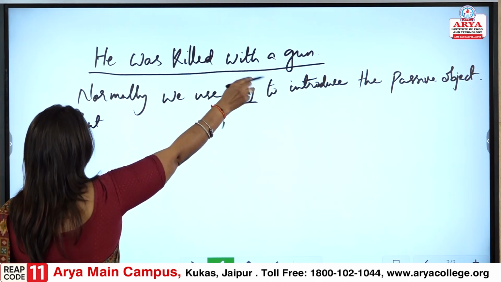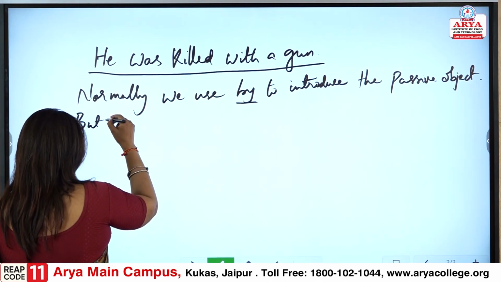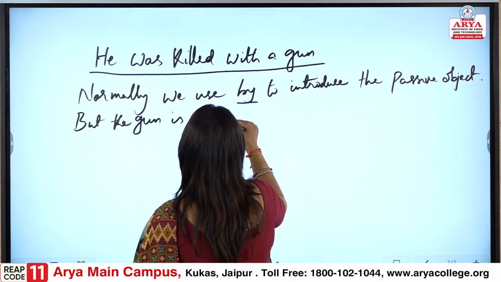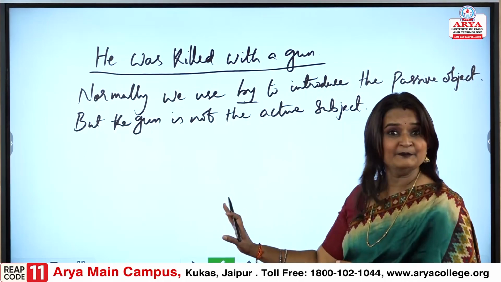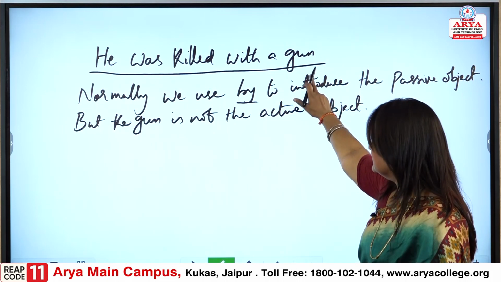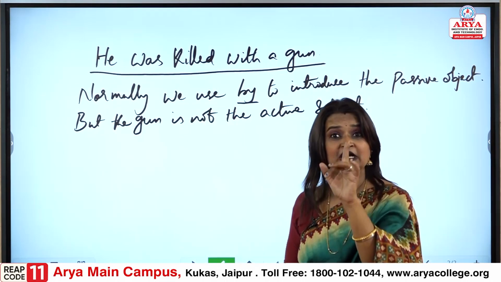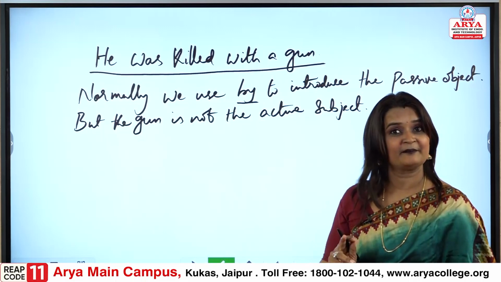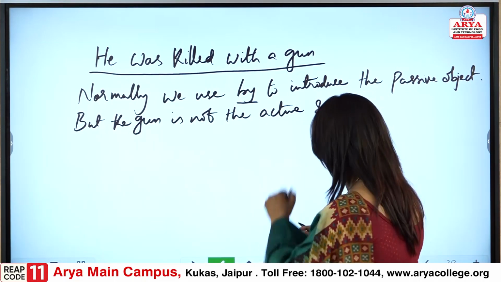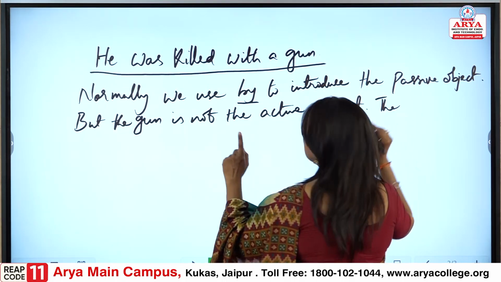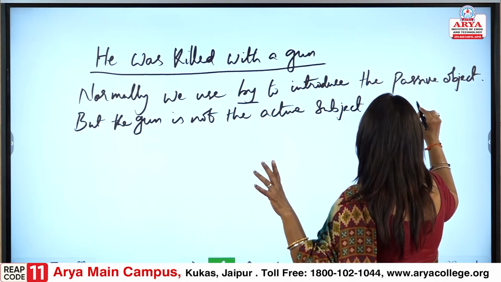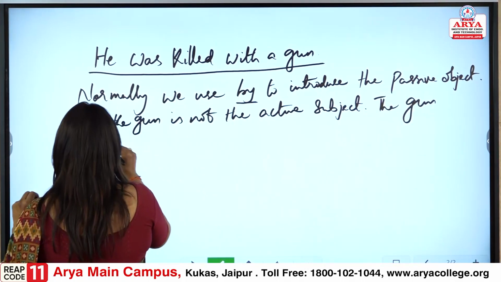But here we have used "with a gun." The gun is not the active subject. Please remember this. Why is it not the active subject? Because the gun did not kill him.